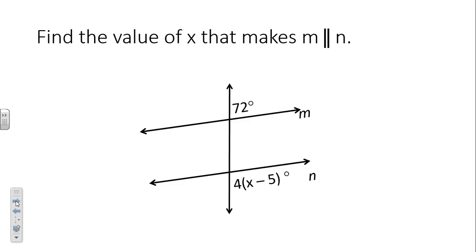So first of all, we have to ask ourselves if this is any special relationship that we know from our blue foldable. I see 72 on the outside of those lines, right? And I see this 4 times the quantity x minus 5 on the outside of those lines. So everyone agree that's exterior? Each of those are exterior angles, okay? But are they alternate exterior? No. They're consecutive exterior. And we didn't ask you to remember anything about consecutive exterior, did we?